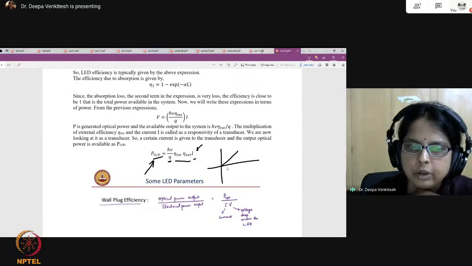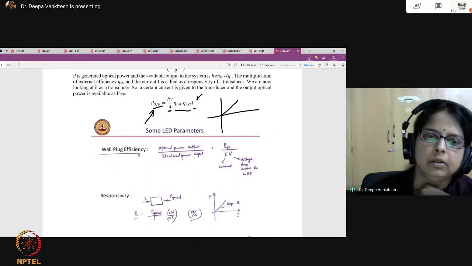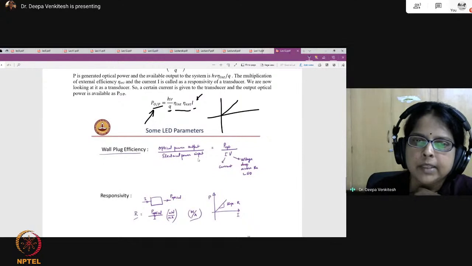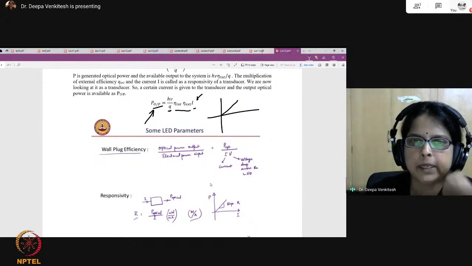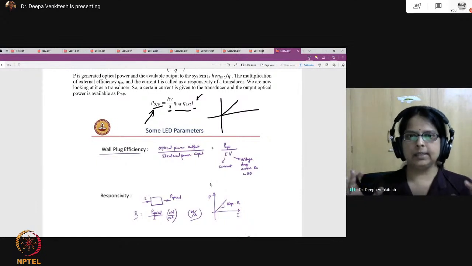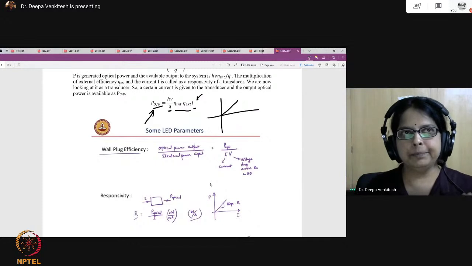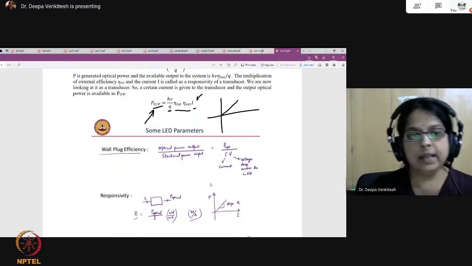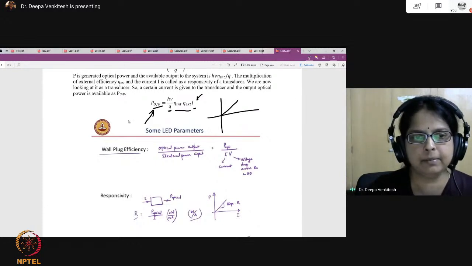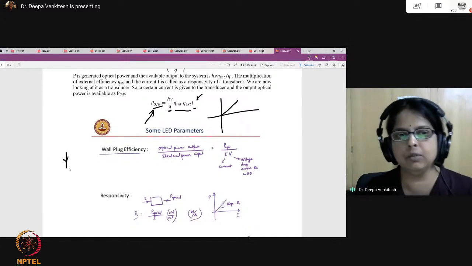But when you talk about wall plug efficiency, this is again a purely engineering concept, which says: what is the optical output power and what is the electrical input power? Because you are trying to calculate how much is the power conversion loss, right? I take a certain power from my electricity supply, whoever is supplying electricity.